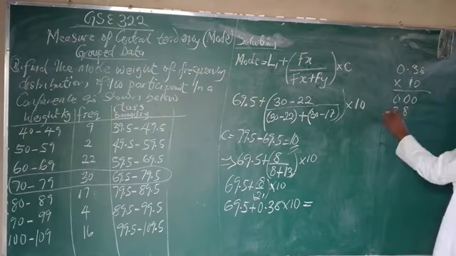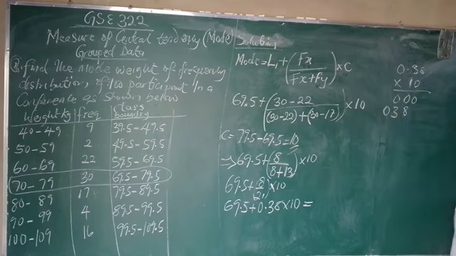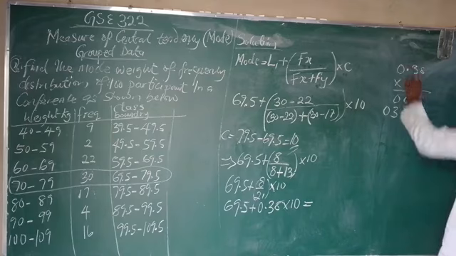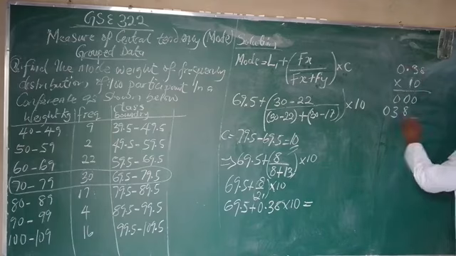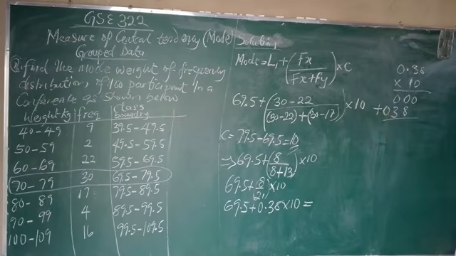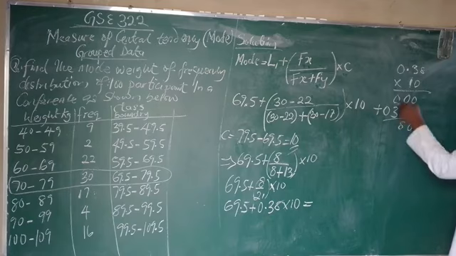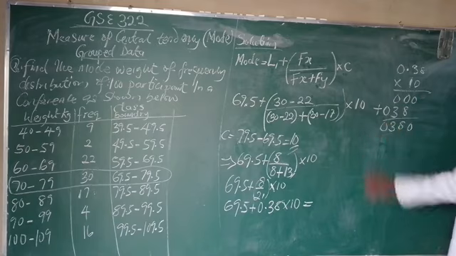Then 1 times 0 is 0. So now, remember we have points. We do addition now. So we say 0 plus 0 is 0, 0 plus 8 is 8, 0 plus 3 is 3, then nothing plus 0 is also 0.